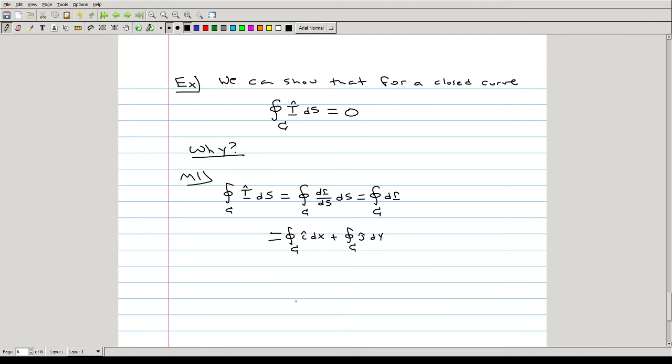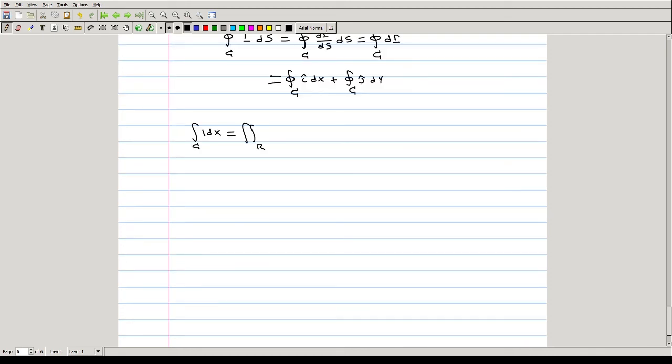That's the sum of two separate line integrals, and for each of these line integrals, the integral of 1 dx by Green's theorem is the same thing as the double integral over the region enclosed by C of negative the partial derivative with respect to y of the constant function 1. And the derivative of a constant is 0, so this is going to be equal to 0.